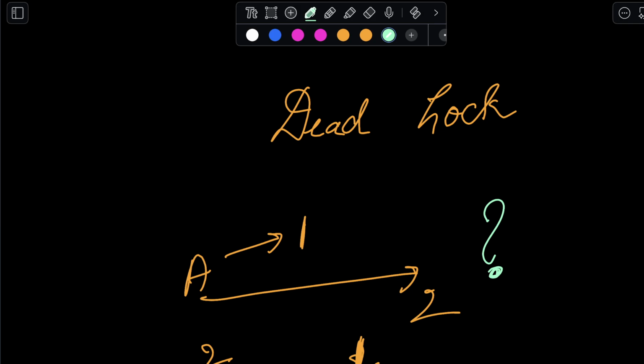So there are other mechanisms that we can use. There is the banker's algorithm. Oh, I see. So mutex and semaphore will solve only one of the problems, which is the critical section.